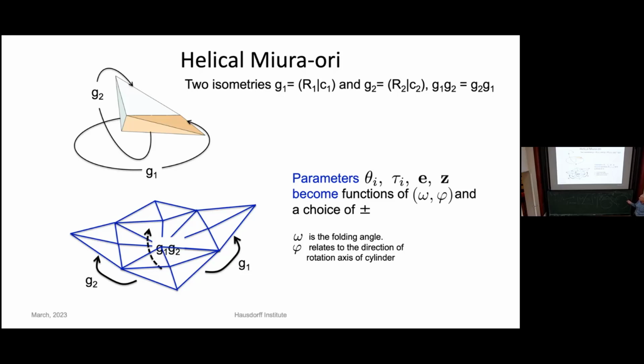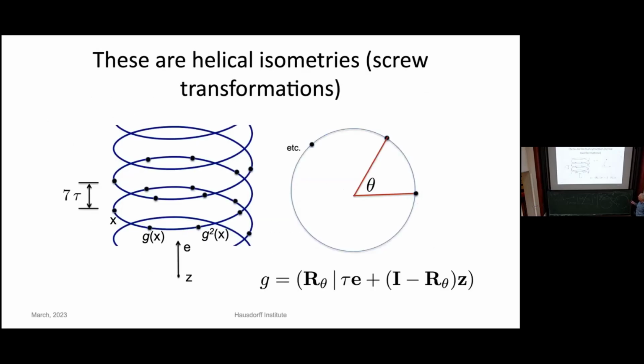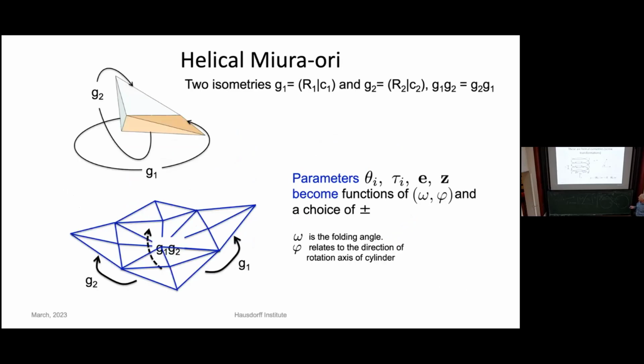So I'm going to arrange the parameters. I have quite a few parameters in G1 and G2. I have the tau, I have the theta, I even have the axis, I have the z. So I'm going to arrange those parameters such that G2 maps this edge into this.